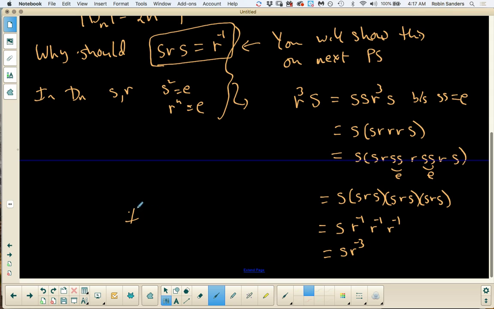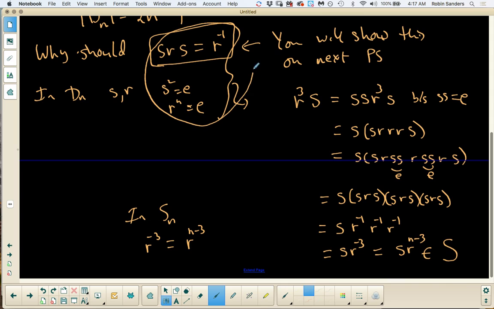Well, in Dn, R to the minus 3 is the same thing as R to the n minus 3. And so this would be S times R to the n minus 3, which clearly belongs to our set S. And no matter what product you use, you can use these same three rules.